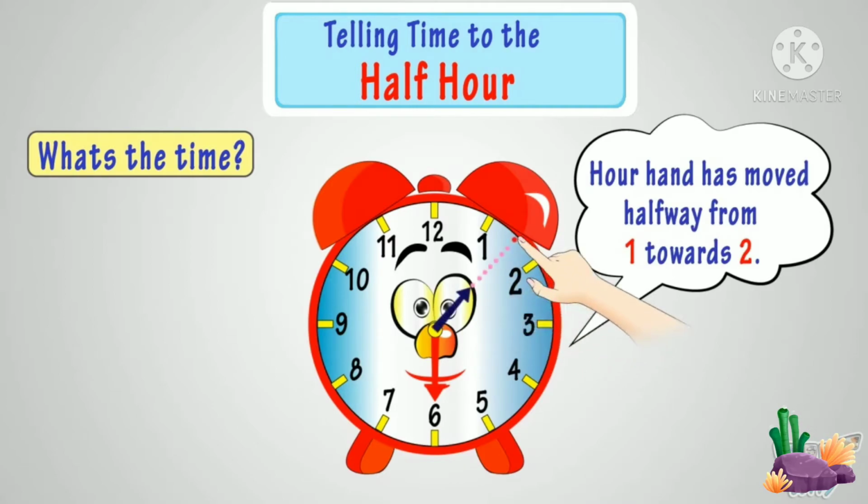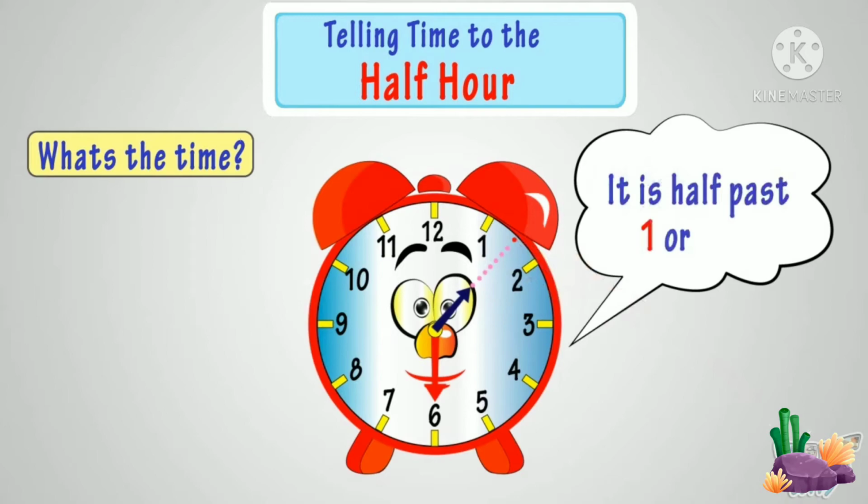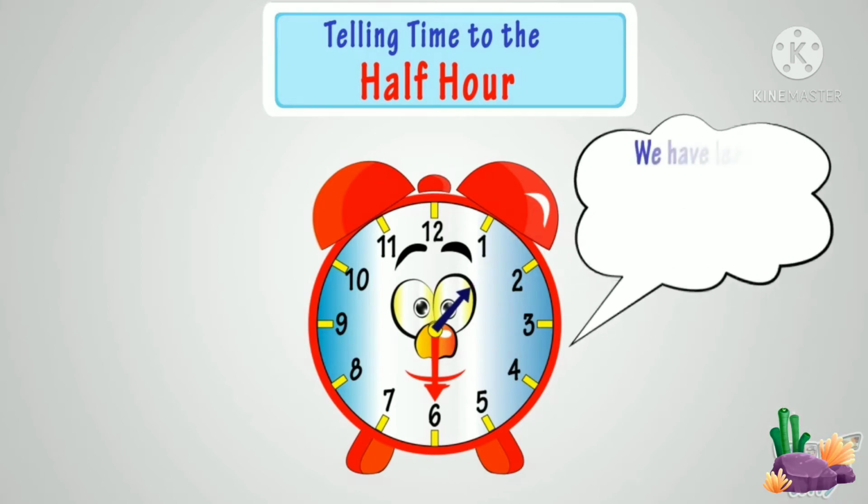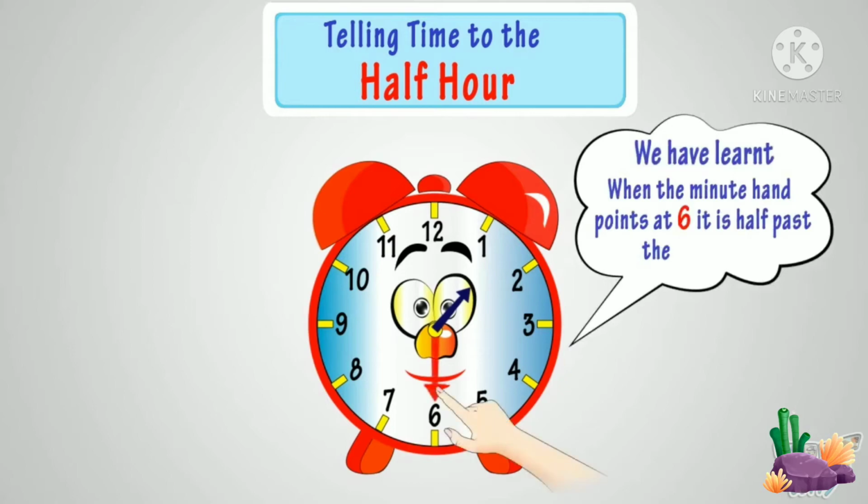Look at the dotted line. That's pointing exactly halfway between 1 and 2. So, it is half past 1 or 1:30. Good. So what have we learned? We have learned when the minute hand points at 6, it is half past the hour.